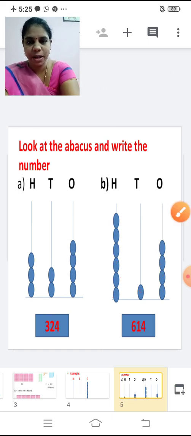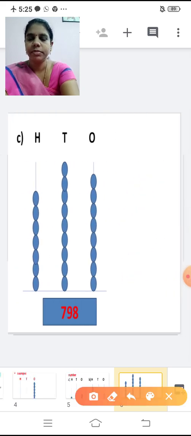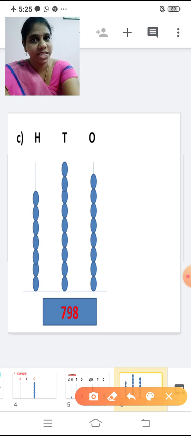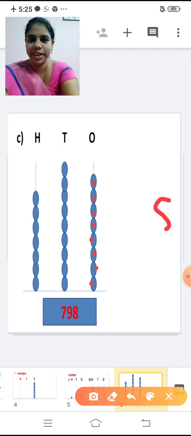So you all know to count the number on the abacus, right? Now shall we count the ones place, tens place, hundreds place? Then we'll write the number. In the ones place we have 1, 2, 3, 4, 5, 6, 7, 8. 8.